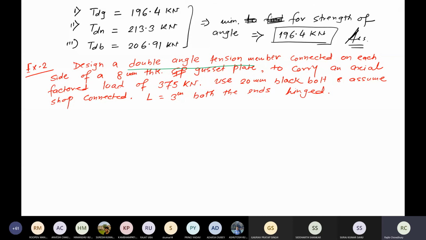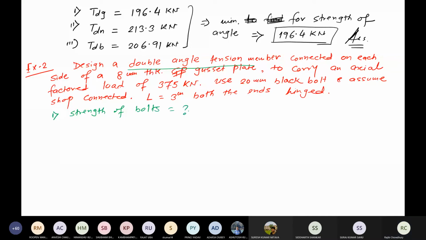Now again, we have to recall whatever we have done in the bolted connection. I'm not doing the calculation today. First, we have to find the strength of the bolt.